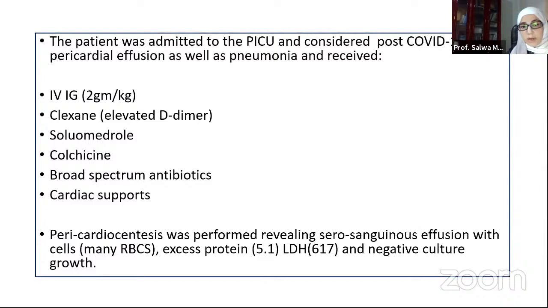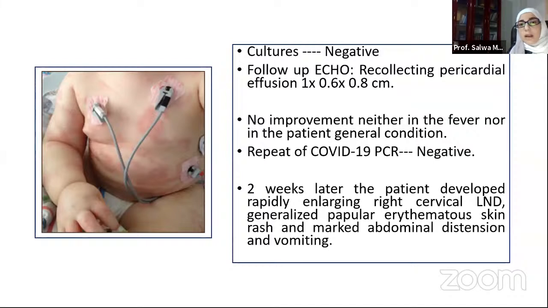She actually had pericardiocentesis, which showed serosanguineous fluid with many RBCs, elevated proteins and LDH, and culture negative. Otherwise, during her PICU admission, follow-up echo showed recollection of the pericardial effusion. There was no improvement neither in the condition nor in the fever. She was still feverish. She repeated her COVID-19 PCR. It was still negative.